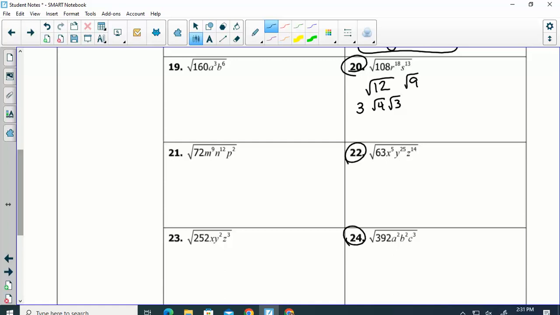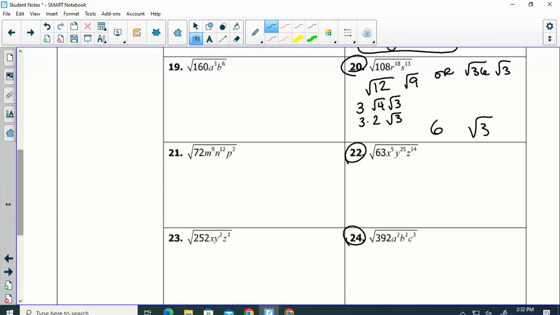So square root of 4 is 2 times our 3 gives us 6, the same thing. So you get a 6 and a 3. Or you could have broken it into the 36 and the 3 to begin with. So even if you don't get the biggest one to start with, you'll get there.